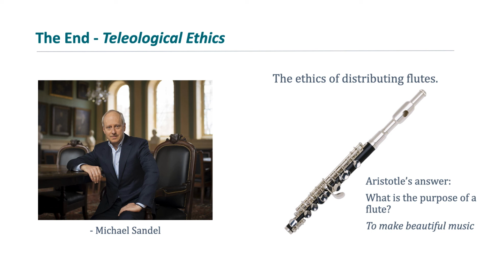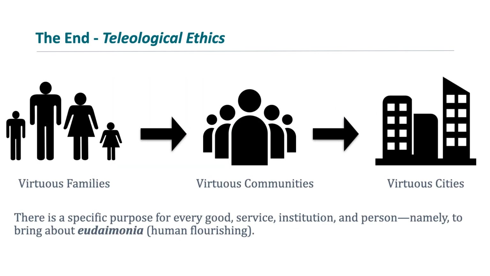Now, if we think about this analogy and we compare it to all of ethics in Aristotle's thinking, the purpose for humans, as I've already mentioned, is eudaimonia, this idea of human flourishing. But this actually relates to everything when it comes to families. So the goal within each family unit for Aristotle would be to create a virtuous family, so that that family will flourish.